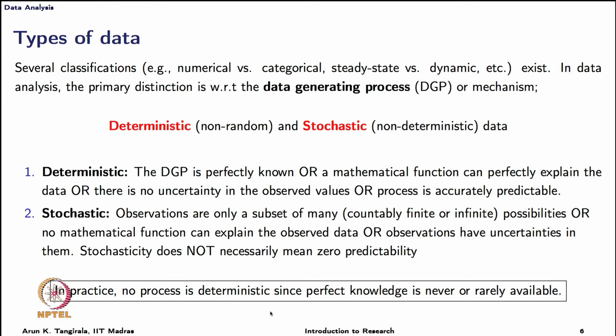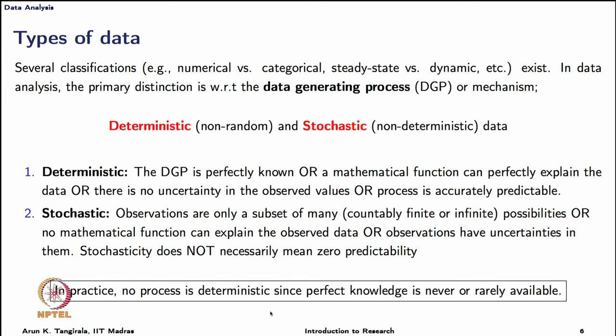Now, obviously, stochastic is the counterpart of deterministic, where we say that the DGP is not accurately predictable, or it is not known, or you can say there is uncertainty in the data and so on. And as I said, in practice no process is deterministic, since perfect knowledge is not available.